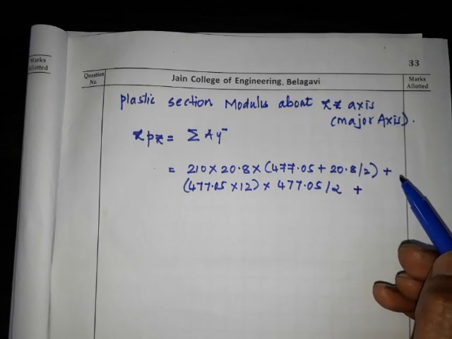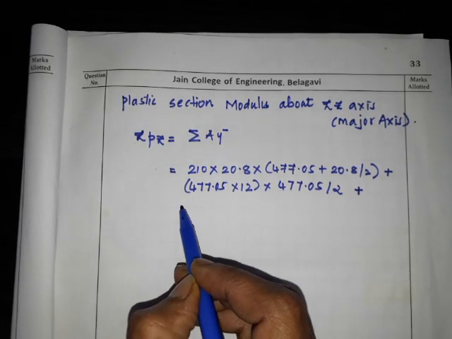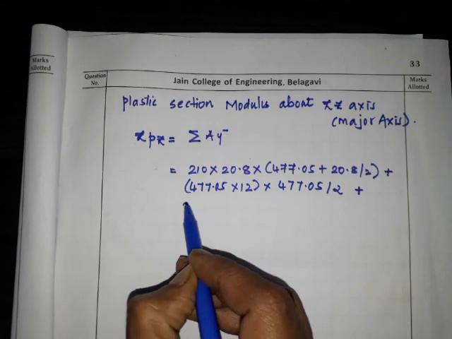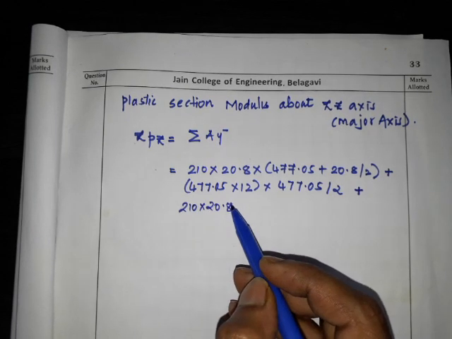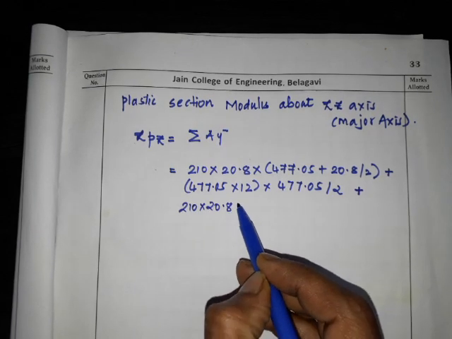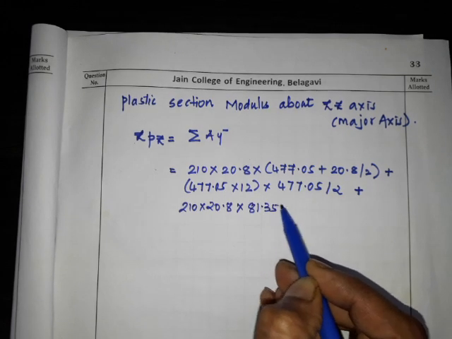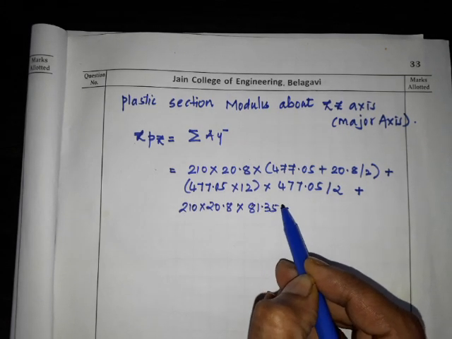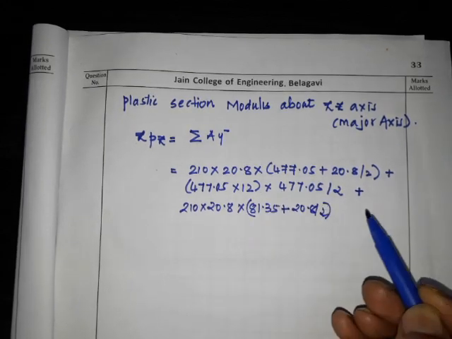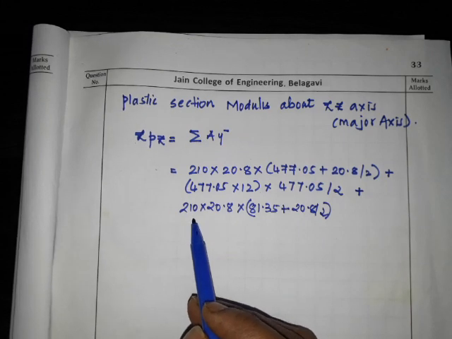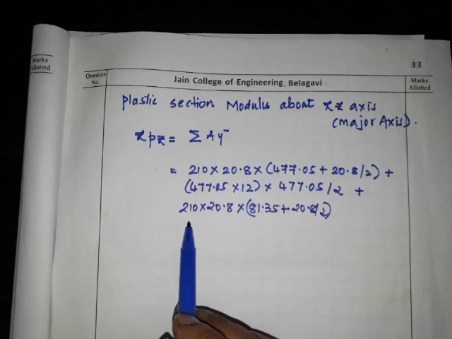Plus, then for the portion above the equal area axis, it is again 210 into 20.8 into 81.35 plus 20.8 divided by 2. This is the top flange above the equal area axis.